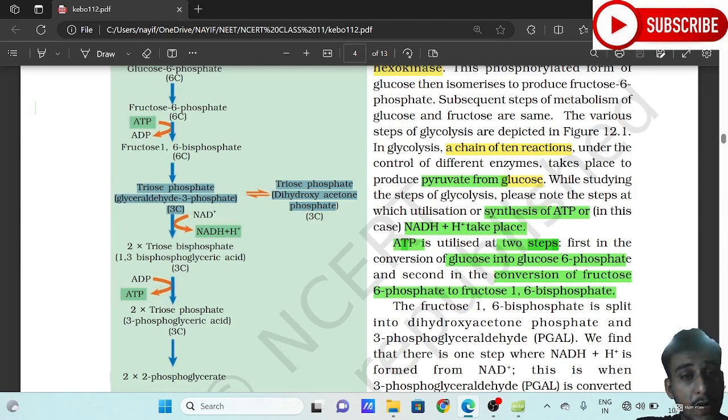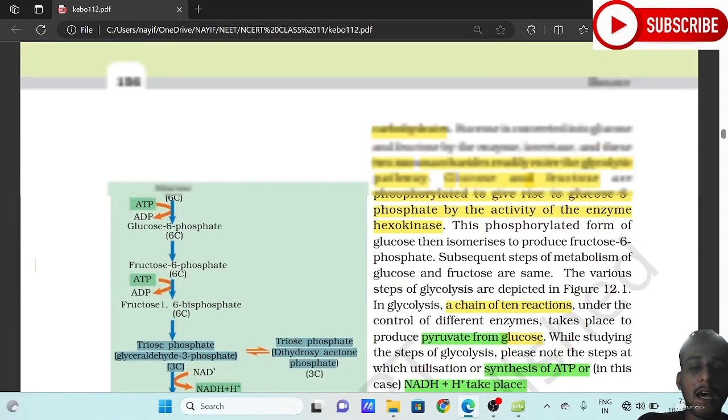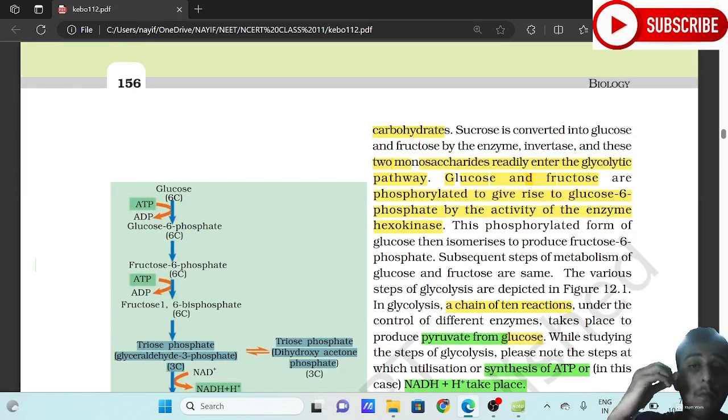So there are actually 2 parallel pathways going on, which means if this molecule is converted into this triose or glyceraldehyde 3-phosphate, actually there are 2 molecules.